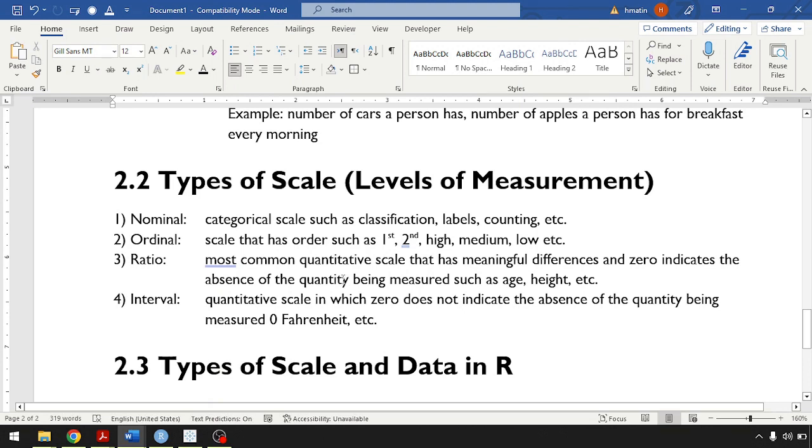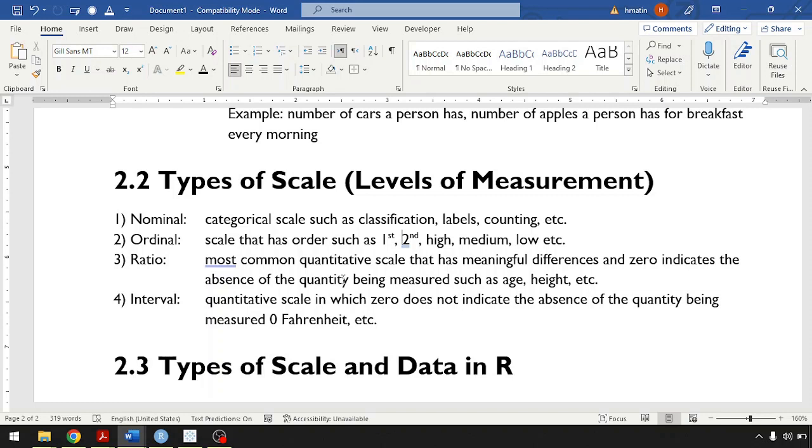We also have ratio and interval. Ratio is the most common quantitative scale that has meaningful differences, and one of the most significant characteristics of a ratio scale is that zero indicates the absence of something, the absence of the quantity being measured.